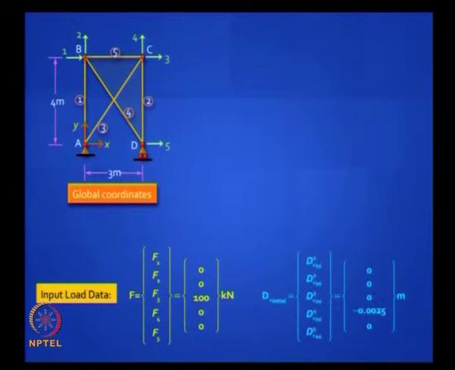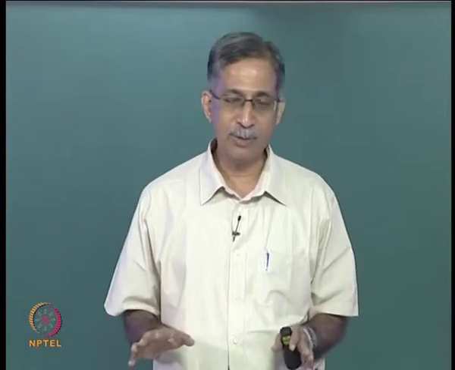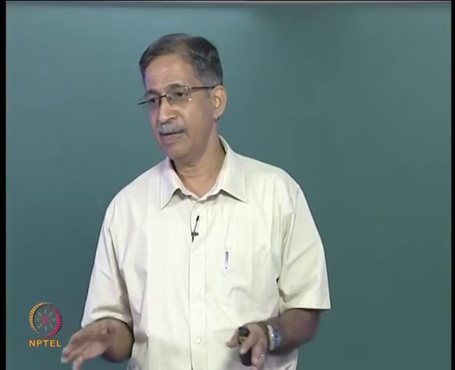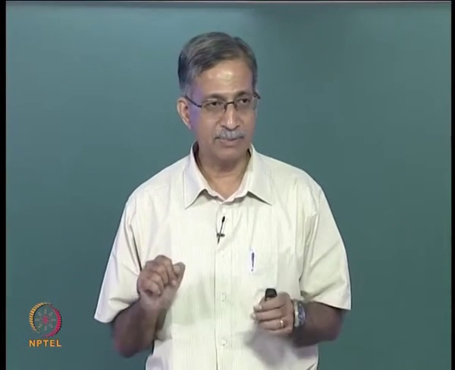Is that clear? This is a symbol d star initial, and d1 star is 0, but only d4 star is non-zero, it is minus 0.0025. So you must be able to write down the input data in terms of the notations that we have developed for matrix method. Is this clear?